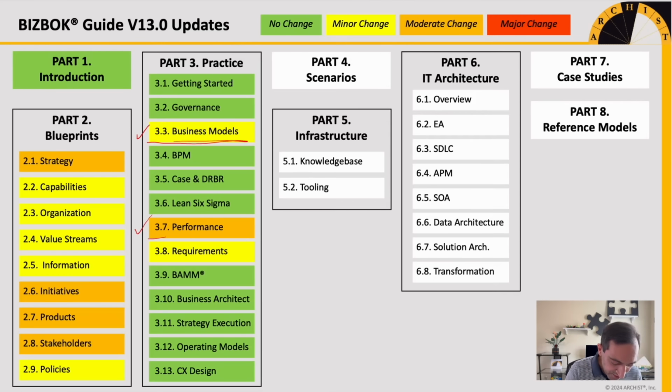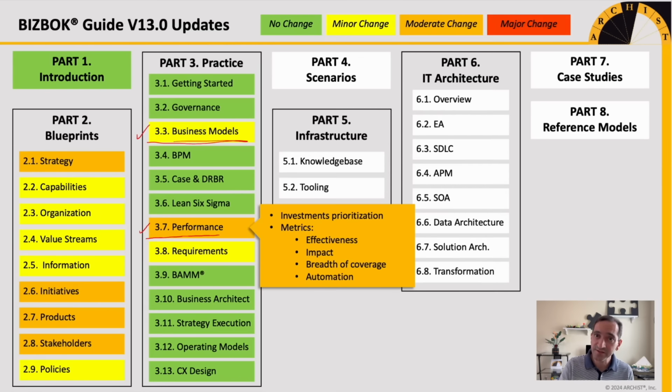The other section where we have some moderate changes is the performance management and the alignment of business architecture and performance management. So one is to leverage business architecture to prioritize different investments and initiatives.